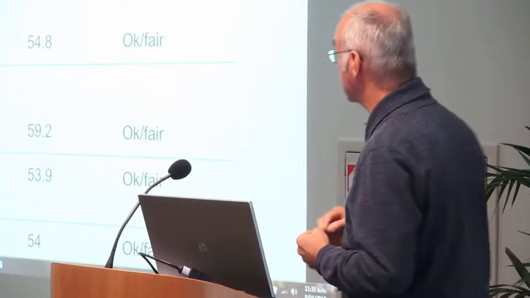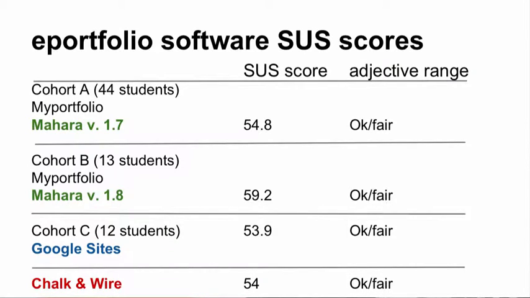Okay, so let's have a look at some examples. There are a couple of older examples of older versions of Mahara here, which came out in the 50 to 60 band, which according to Bangor and Kortum is sort of the okay, fair area.